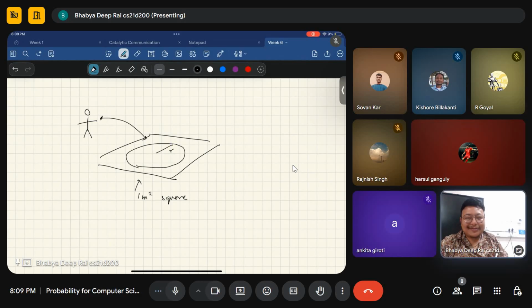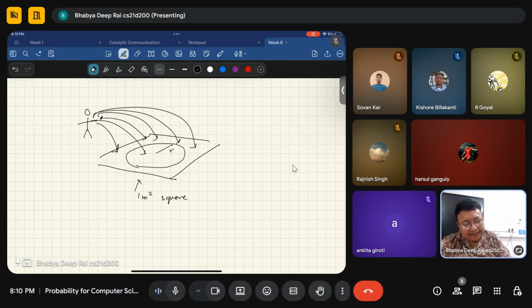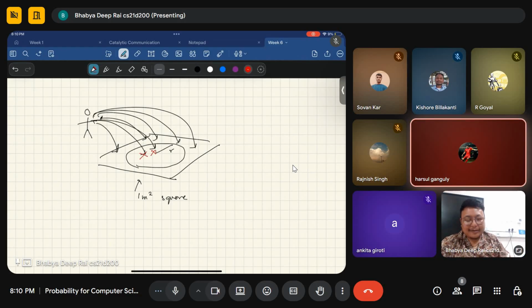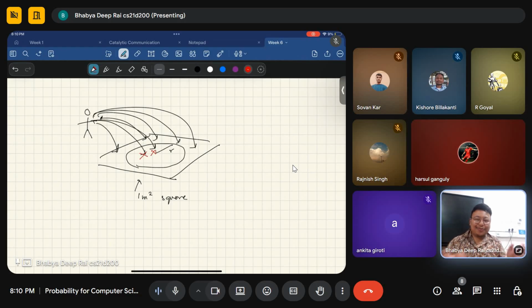Maybe you throw something that lands and does not roll, like a pen or a book, and you keep doing this. Each time you note down how many tries you've done and whether it landed in the circle or not. Then divide by r square.